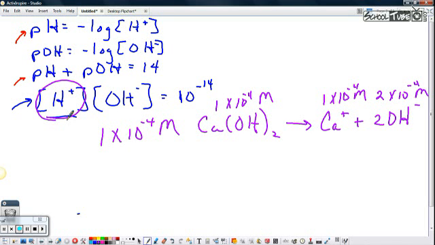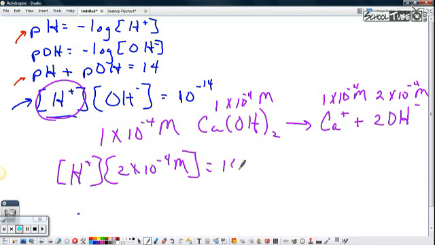So the H plus times 2 times 10 to the minus 4 molar equals 10 to the minus 14. Now there's no need to put 1 times 10 to the minus 14. That's just extra stuff to have to put down. You can put it down if you don't feel right about it.